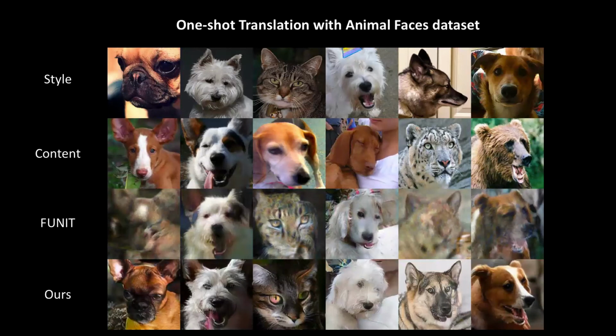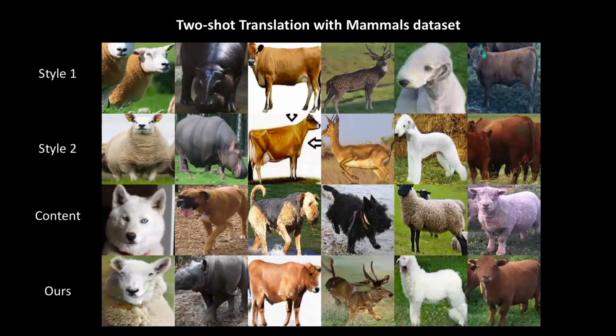In addition, our method is effective for well-aligned images such as animal face translation. Our method can achieve challenging image translations such as dog to sheep or dog to deer image translation.